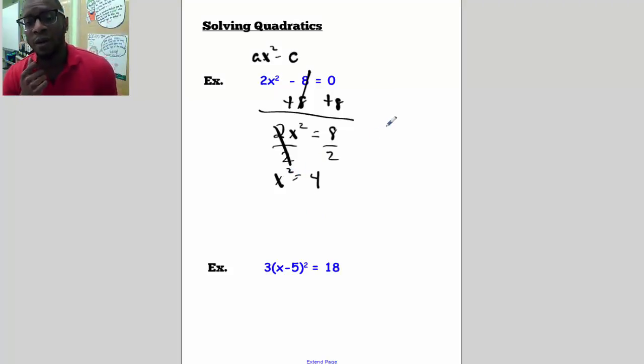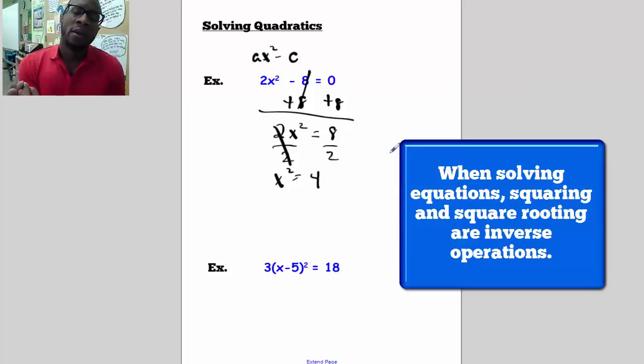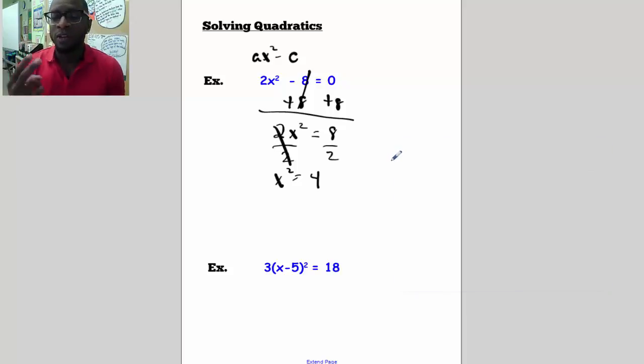And in order to get our variable to a power of 1, if we have squared, we want to take the square root. So squaring something and taking the square root of something are inverse operations, and when we get to functions, they'll be inverse functions of each other.